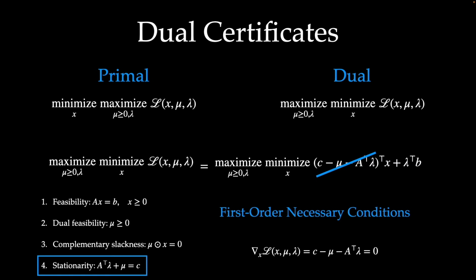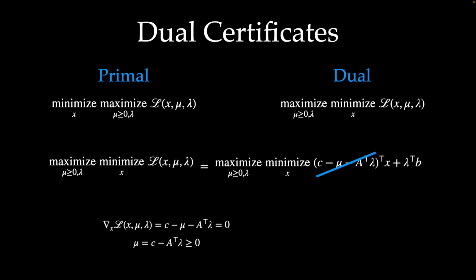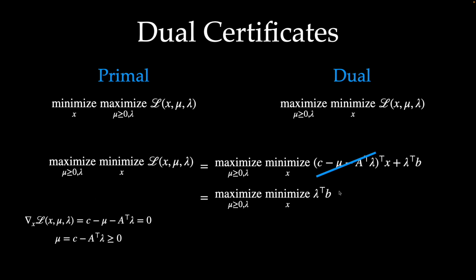We also have from this that mu is equal to c minus A transpose lambda, and we know from dual feasibility that mu is greater than or equal to 0. So we also have that constraint that we need to obey. If we now rewrite this slightly, we're going to have just lambda transpose times b. Notice that this doesn't depend on x at all, so we can remove this minimize with respect to x because x doesn't show up here.